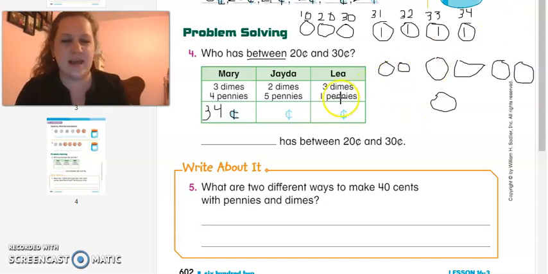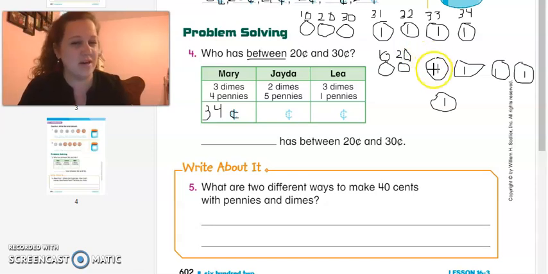All right, so same like we did right up here. We are going to count by tens for our dimes and then by ones for our pennies, because pennies are worth 1 cent and dimes are worth 10 cents. So let's start counting. First dime, 10 cents. Plus another 10, 20 cents. Now we're going to switch over and count by ones, but don't forget we're staying with 20. Now we're counting over one more is 21.